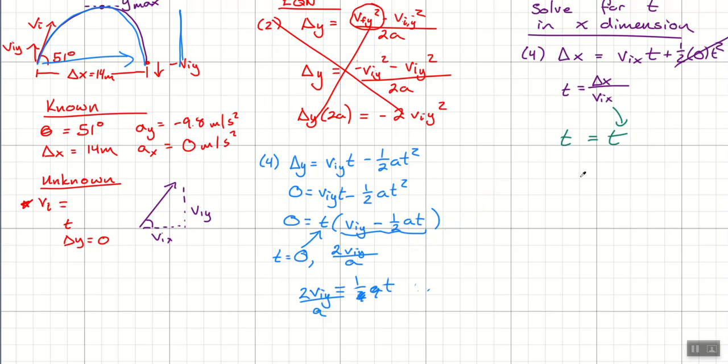All right, so on the left, I'm just going to call it 2 VIY over A, and I'm alleging that's exactly equal to delta X over VIX. Everybody still on board? You might not see the end picture quite yet, but do you understand how I'm allowed to do this?